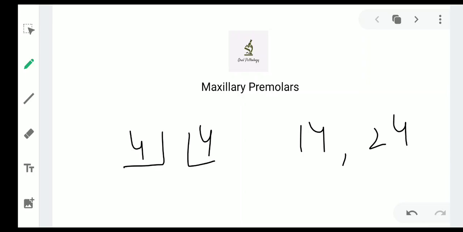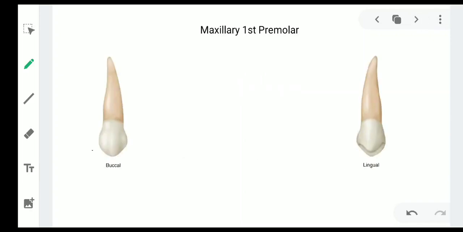Now coming to the various aspects of the premolars. First is the maxillary first premolar, discussing its buccal aspect. The crown is roughly trapezoidal and the mesial outline, as you can see, is slightly concave.